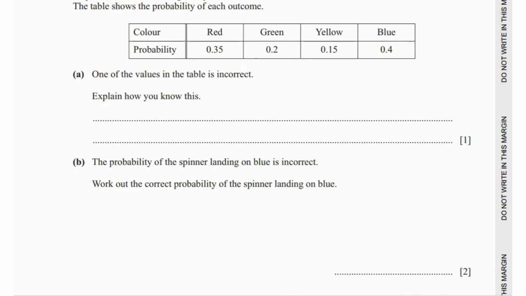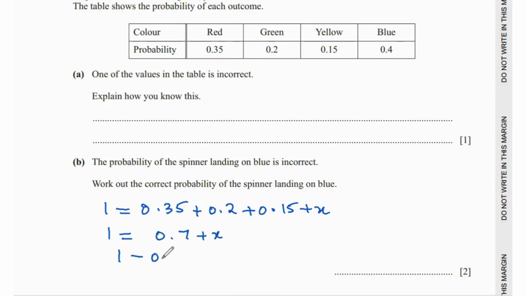So simple. 1 would equal 0.35 plus 0.2 plus 0.15 and then plus x, because you're trying to find the probability of blue. So 0.35 plus 0.15 is 0.5, plus 0.2 is 0.7.